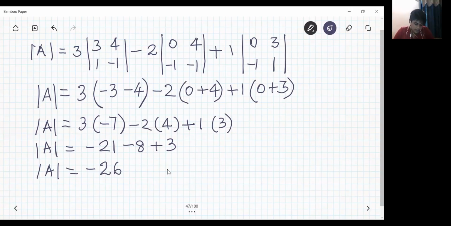M11 is 3 4, 1 minus 1. Then simplify that one.